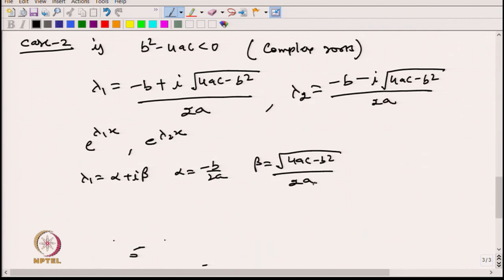So, this is my alpha and beta. Then I want to find what is e raised to lambda 1 x. So, it will be alpha plus I beta, into x.